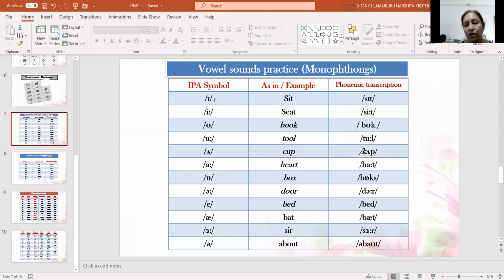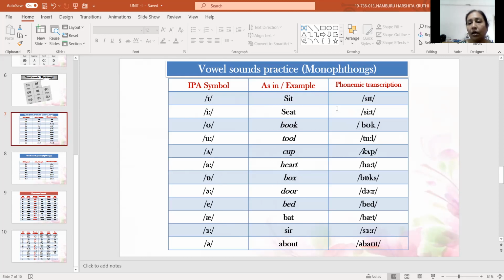These are the vowel sounds and the symbolic representation of the vowel sounds. As you can see, they appear in slanted lines. These are the words where these sounds appear, hence it becomes easier for us to remember these sounds, right? These are simple words which have been given in order to remember them.